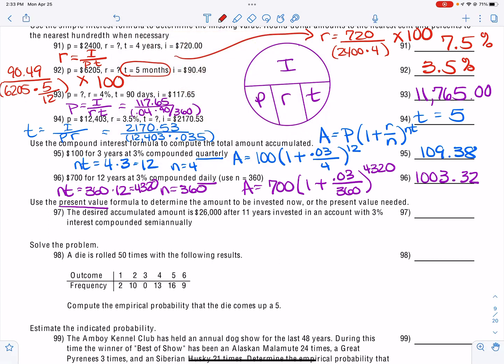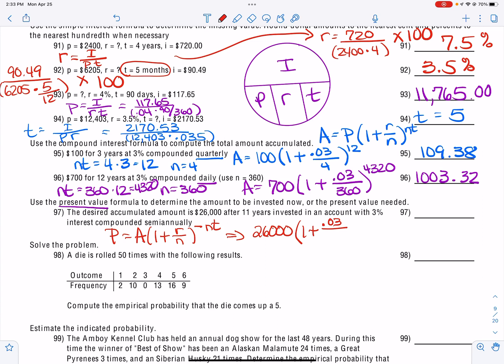Now, present value uses the same formula with one exception. So this one, my present value is what I want to get, my accumulated amount, 1 plus R over N to the negative NT power. So let's substitute in. I want $26,000. That's my A. 1 plus my rate, 0.033%.